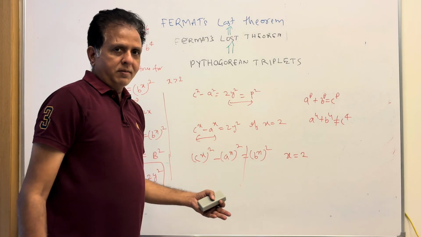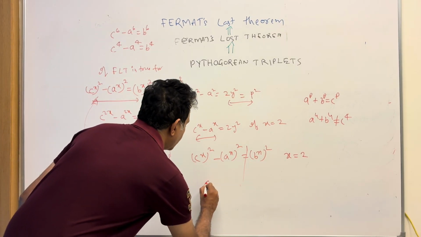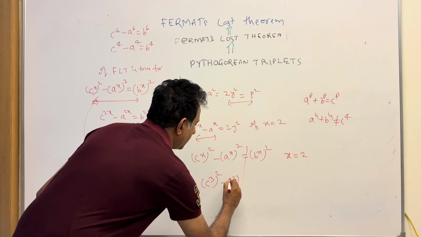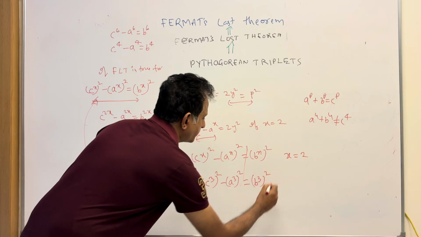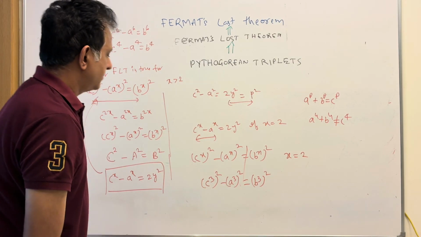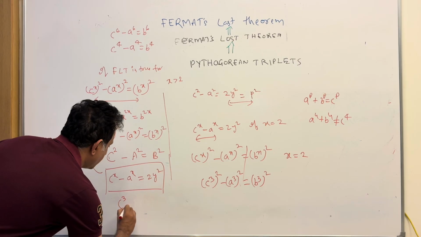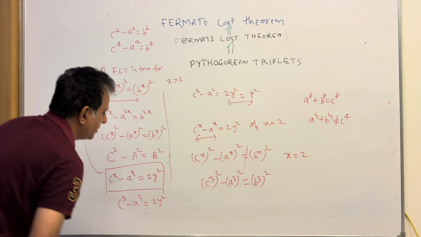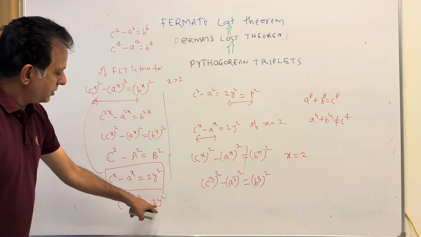In the coming videos, we will try to see whether you can find, for example, for 3: (c cubed) whole square minus (a cubed) whole square equal to (b cubed) whole square. Indirectly, you can find c cube minus a cube equal to 2y square. I mean, the difference of two cubes gives rise to 2y square.